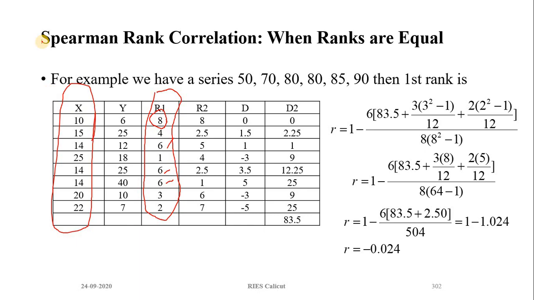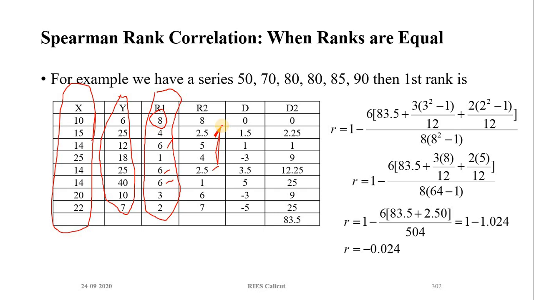Now you take the second value y. Here 40 is the largest value, then 25 is the second value, but 25 is repeating here and here. So what we have to do?